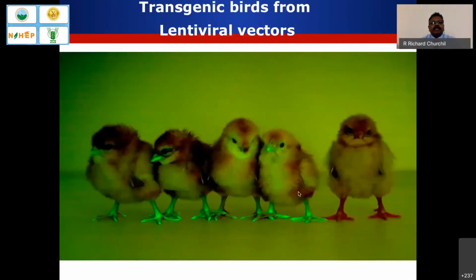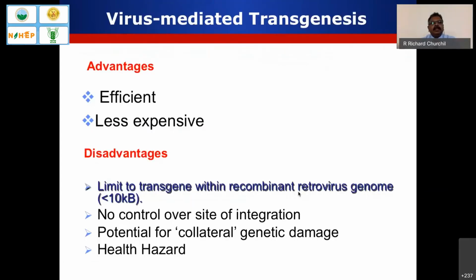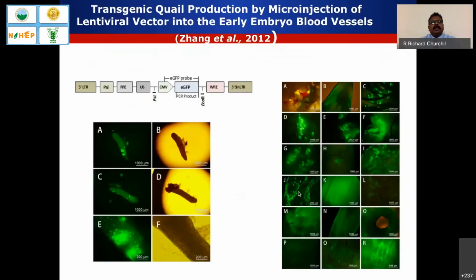So this is one example by which transgenic birds were produced using a lentivirus. These are the advantages and disadvantages I have already told. Here this is the construct which is used, and it has a GFP protein.